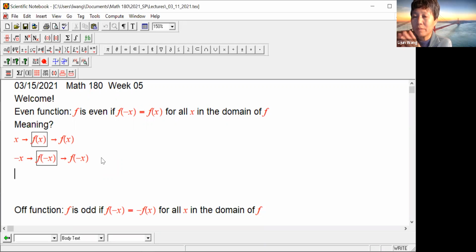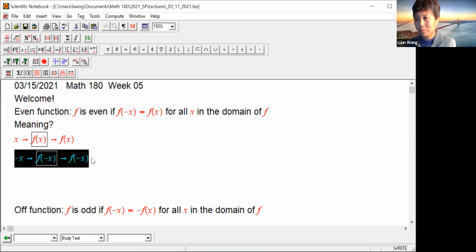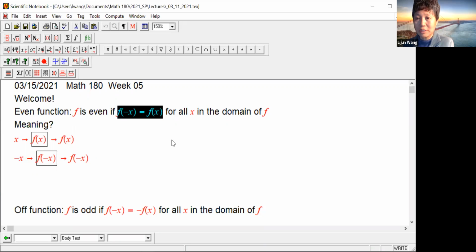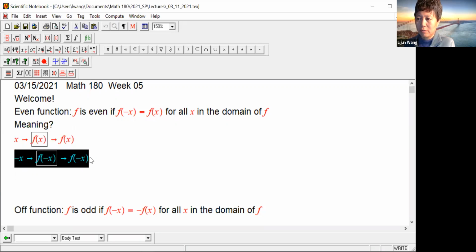The inputs, from a number line perspective, if they're opposite, that means they are on the opposite sides of the number line. And they have the same output. So can we draw a picture according to this description? Of course, this is if. In addition to it being a function, if we have one more condition satisfied, then that will make it an even function. So can we draw a picture for that?